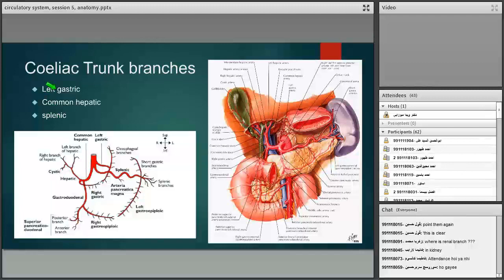Look here. The left gastric branch is derived from the left side of the coeliac trunk and sends branches to the stomach, the lesser curvature of the stomach.